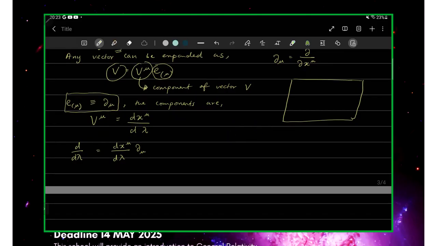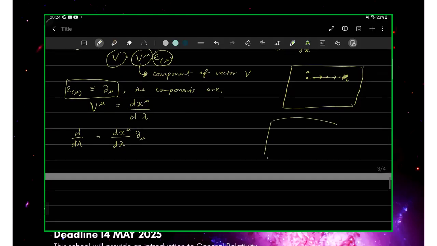Now, whenever you're dealing with something like this, you don't actually see a change in i hat, right? So let's take this example again. You go from A to B, and you connect a vector which stretches from A to B. Now, the way you're moving from A to B, you can define a certain basis vector, defining the direction of movement from A to B. Now you see that this doesn't really change when you go from A to B. It is always directed in the same direction.